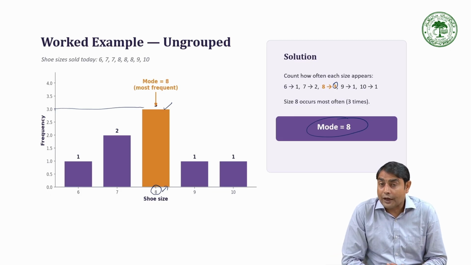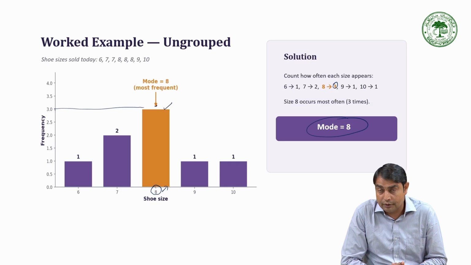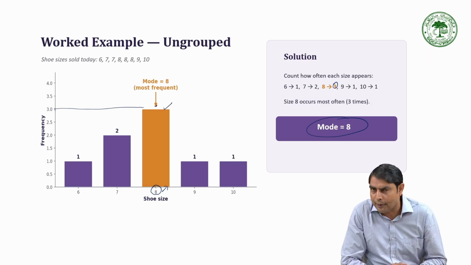If I'm estimating the mode of ungrouped data, it is very simple. I have to find out which number has the highest repetition, the highest occurrence. That number becomes my mode. And if I have two numbers, then both numbers become my mode, and this is called the problem of bimodal.